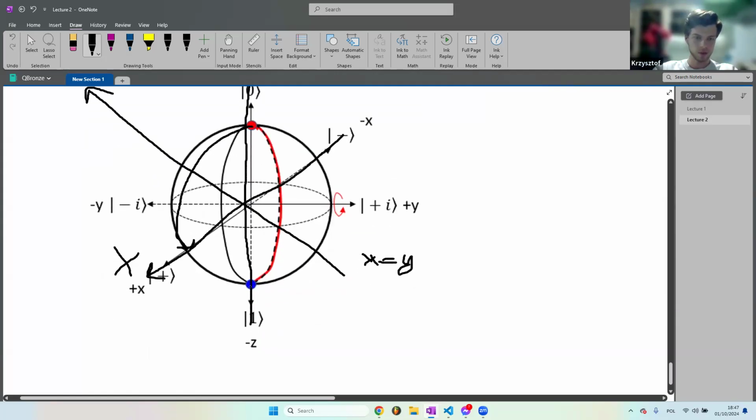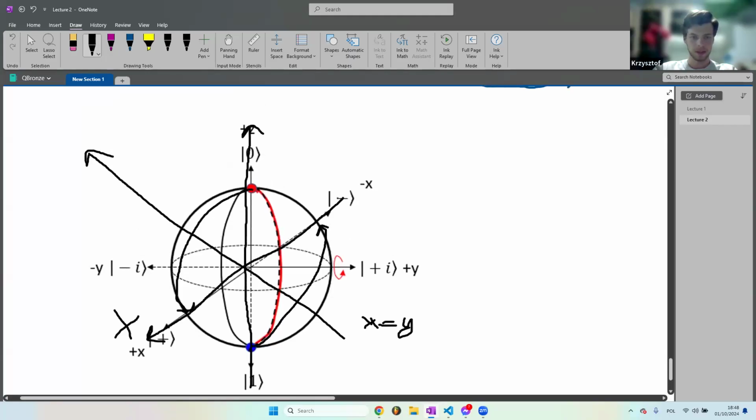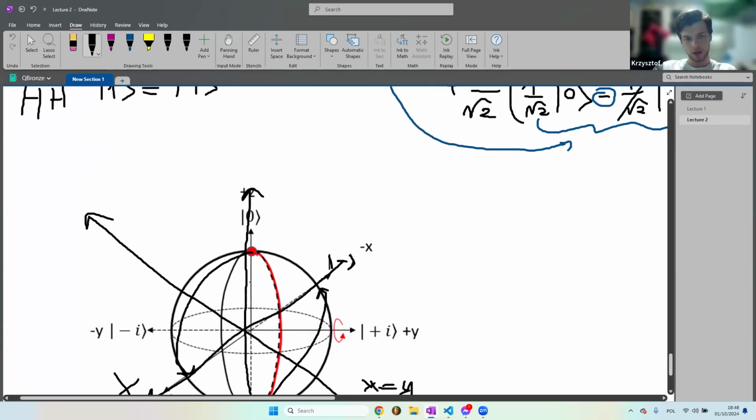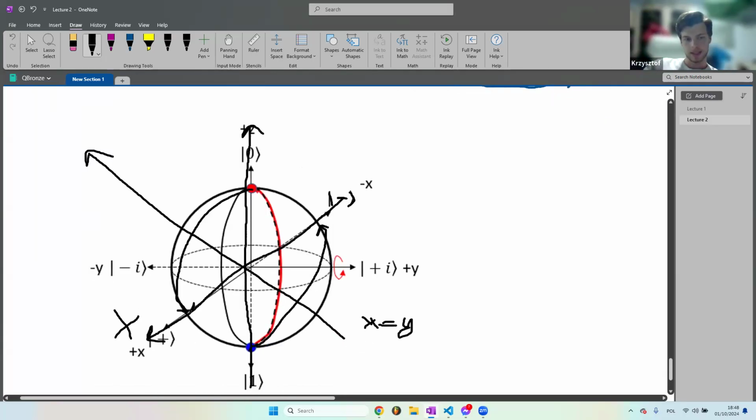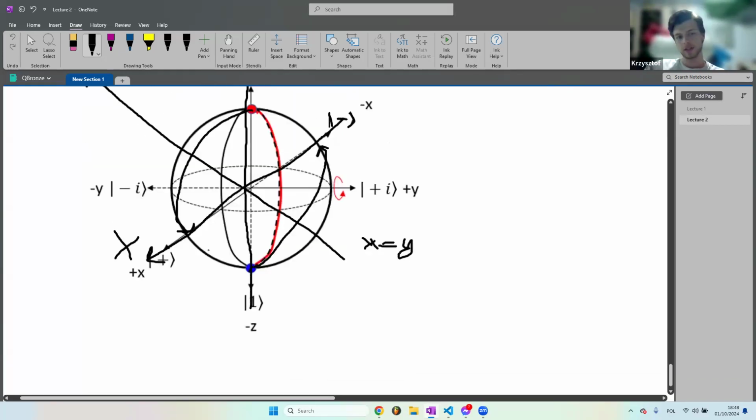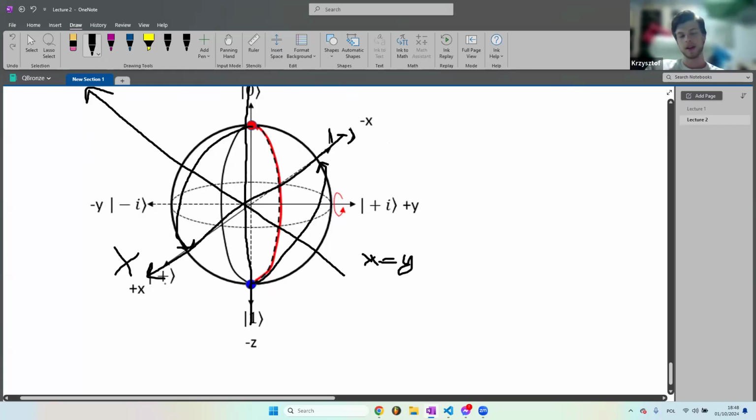And also the 1 gets transformed to here, we call it the minus state. So we can actually confirm that the plus state should also be the eigenstate of the X operator.